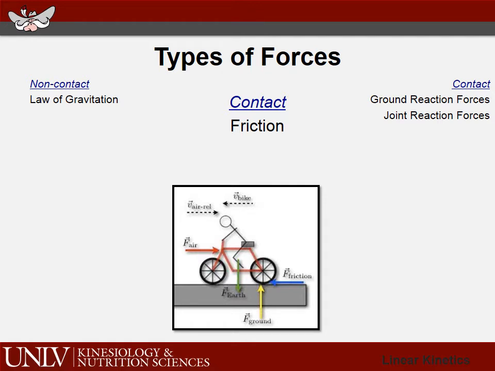If you look at that blue vector, tire pointing forward, that's the translational frictional force. That's the interaction of the tire and the ground. But what you don't see here is, if you talk about the bike and the tires, there's a rotational friction that tends to cause resistance to the rotational motion of the tires.